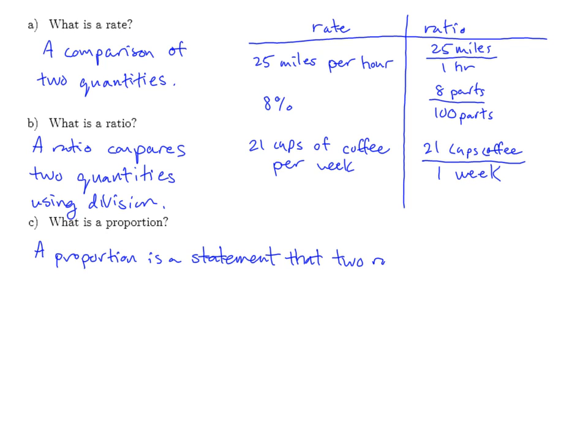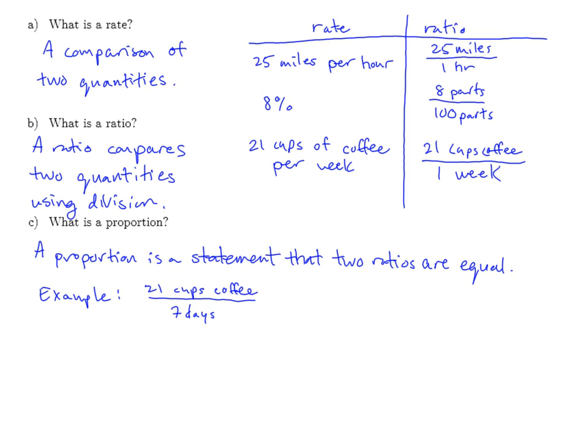So there's two things we can do. The first, and I'll give an example, I'm going to take that 21 cups of coffee, and I'm going to change that to 7 days.